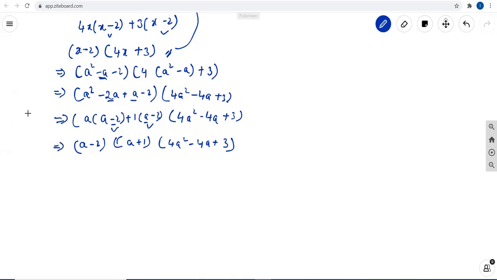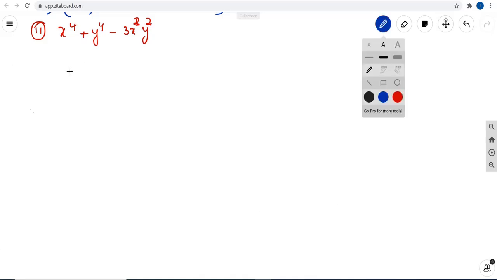Okay. So we'll go for the next problem. X to the power of 4, y to the power of 4 minus 3x square y square. See this problem in the textbook only, he has given the hint. So this is square. So see here, coefficient he has given nothing, which means it is 1. So what we have to get? We have to get the terms in terms of 2.